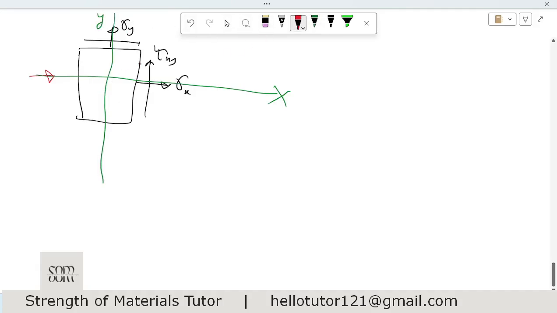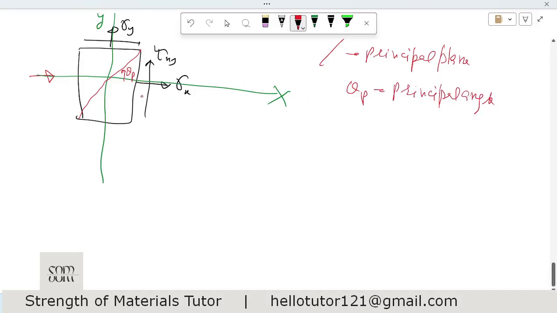At some theta equal to theta p, this is the principal plane. Why is it a principal plane? Because it is inclined at an angle of theta p. So this theta p is the principal angle.